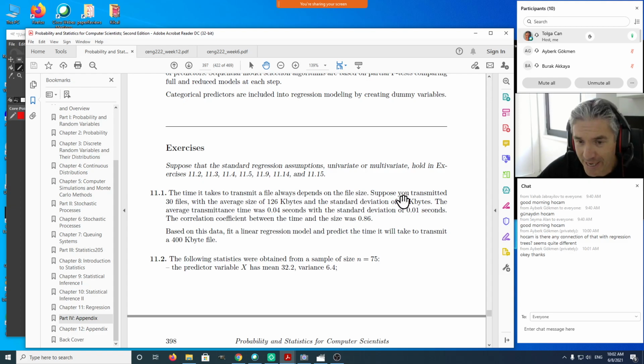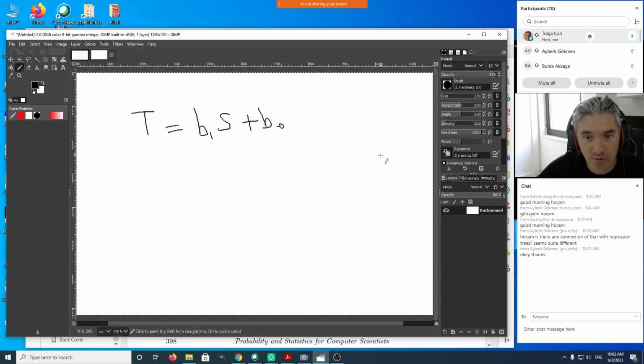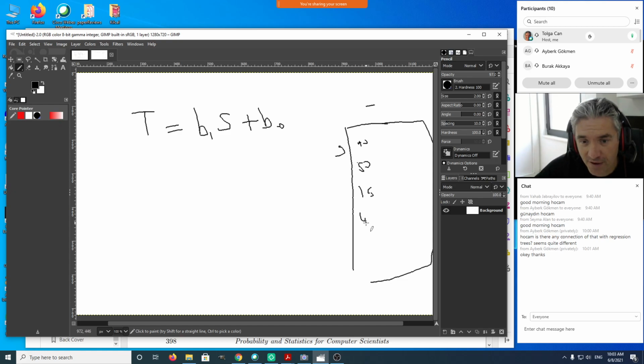Now, we're not given any actual data, so we don't have a table of file sizes and transmission time. In practice, this is what we would have: a table that shows the size and the transmission time. We would have certain sizes, for example, 10K, 15K, 50K, 15K, 45K, 1 megabyte.